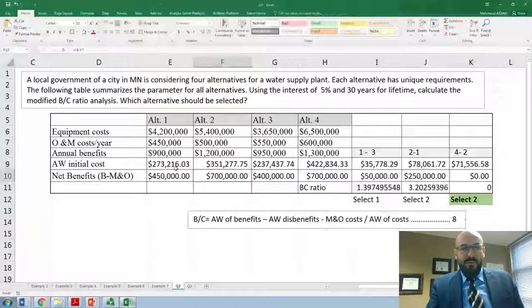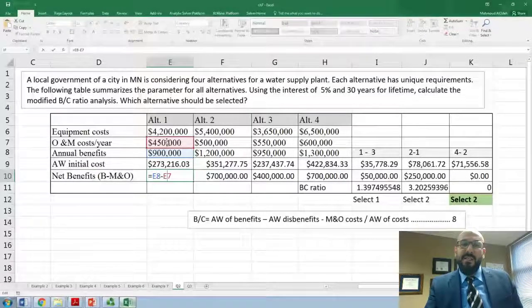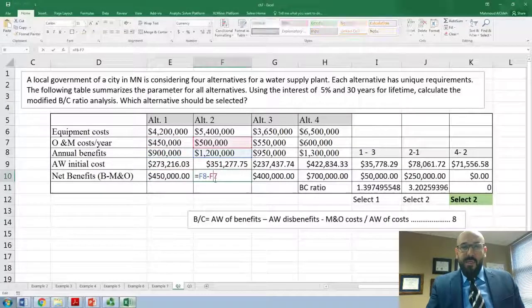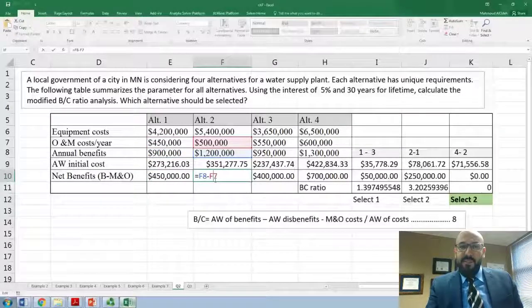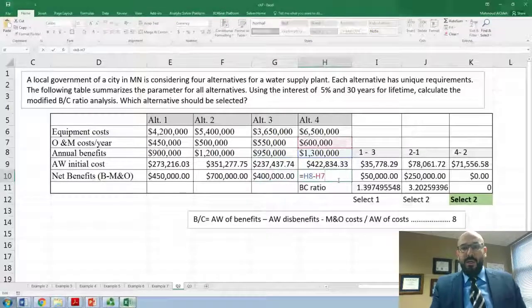So starting with the first one, net benefit would be the benefit 900,000 minus the maintenance and operational cost. For the second alternative, we do the same thing, benefit minus the maintenance and operational cost. Alternative 3 is the same, and alternative 4 is the same as well.